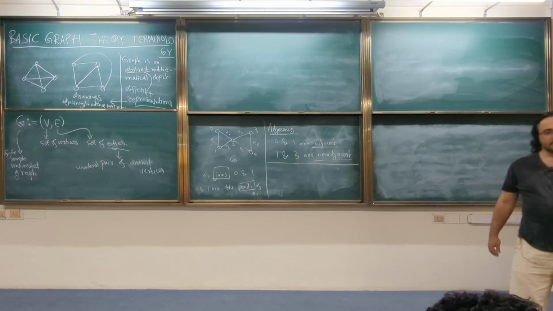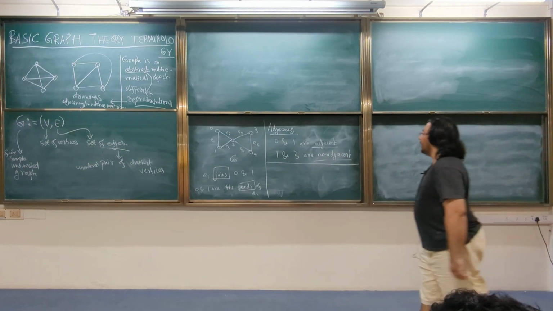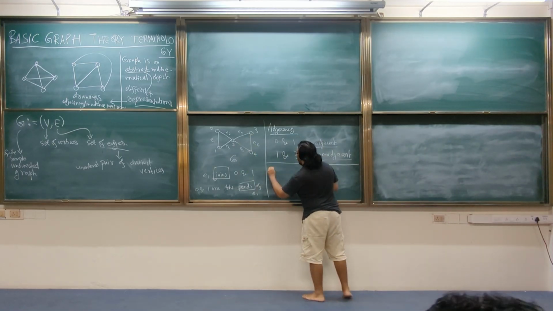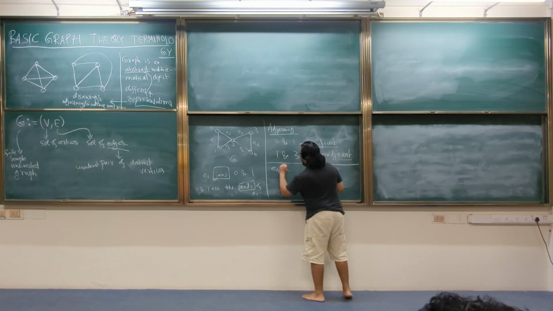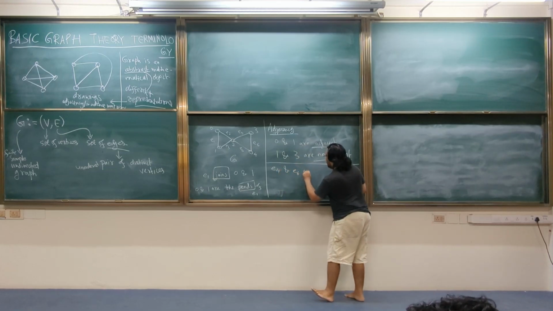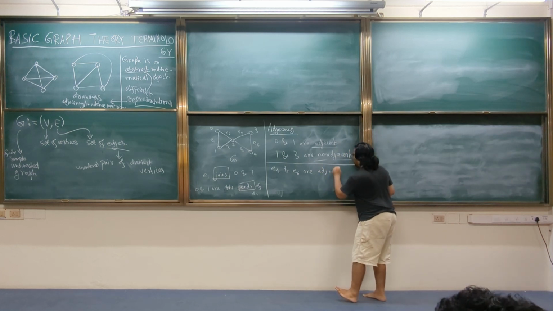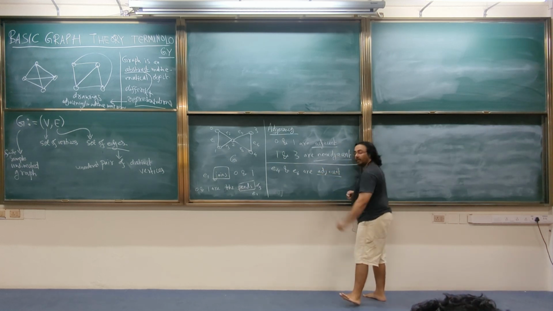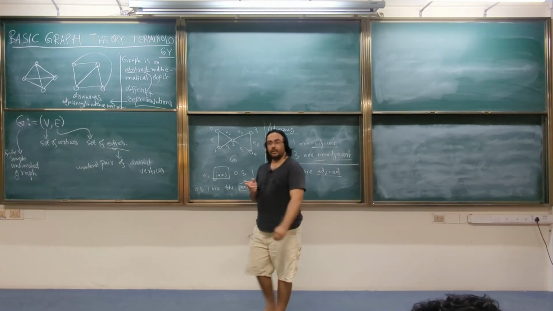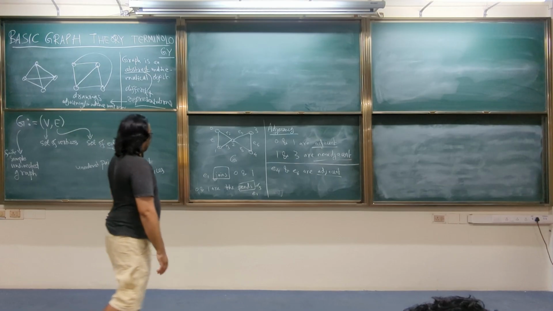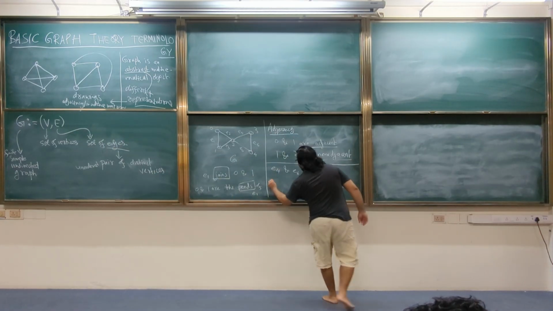Okay. So John? E4 and E6 are adjacent. Okay, so we'll call them adjacent. Non-adjacent example? Anyone? Yeah. E1 and E6. E1 and E6 are non-adjacent.